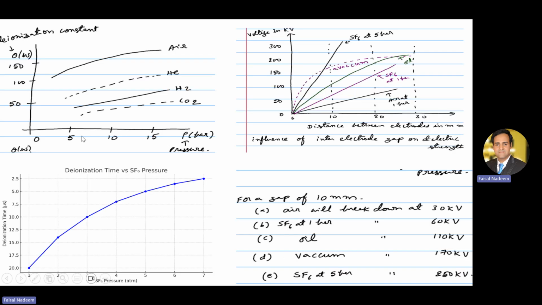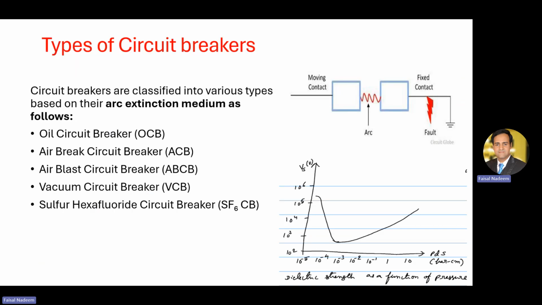There is another parameter used to explain the material that can be used in the circuit breaker for quenching of arc. The first property that your quenching medium must have is high dielectric strength. We have shown that with the increase in pressure, the dielectric strength increases.